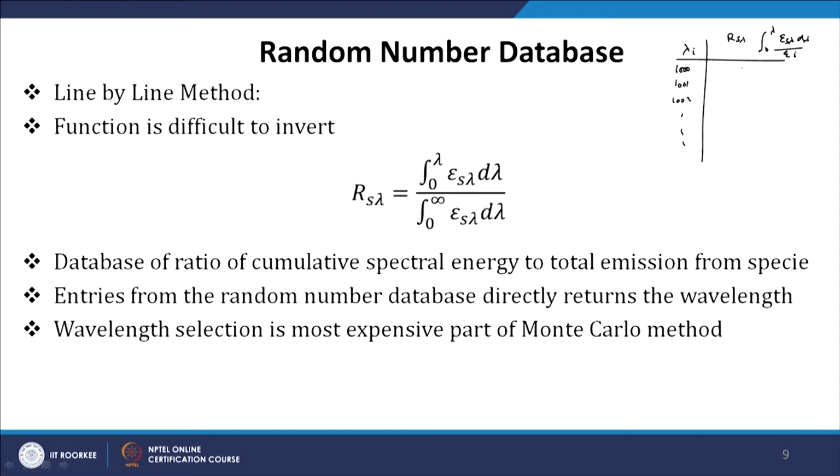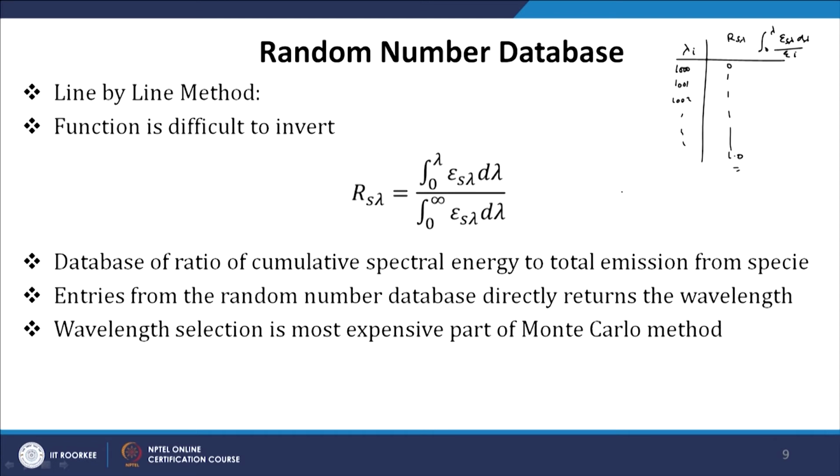This will vary from 0 to 1 because this is a cumulative distribution. So, we have pre-calculated this distribution and saved it in a table, and from this table we will do our sampling.